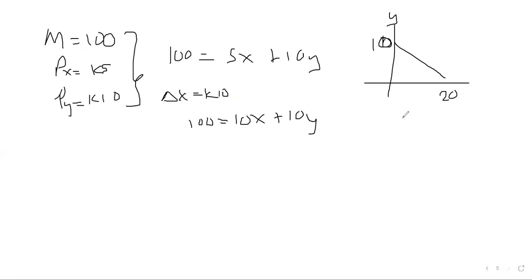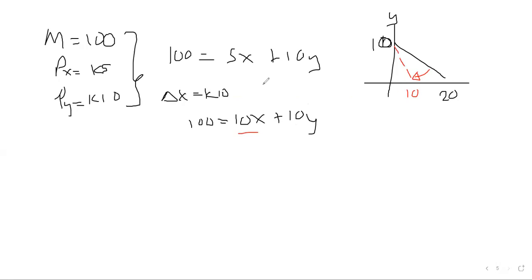So the only part that will be affected is the x part, because it has increased. It is tilting inwards from 20 units to 10 units. This simply implies that because good x has become expensive, we're going to buy less of it.